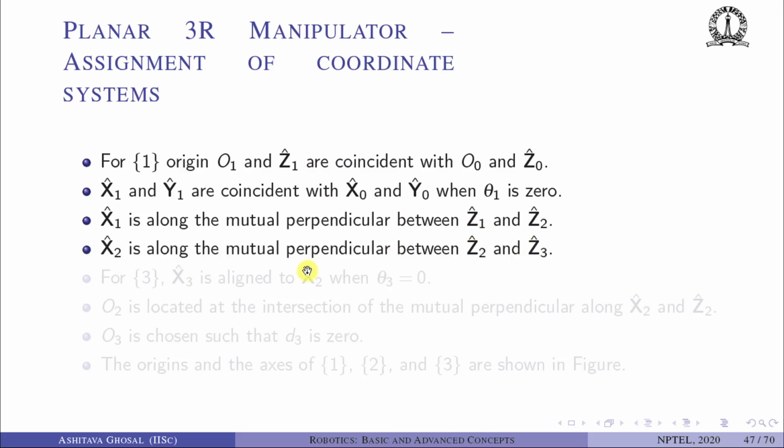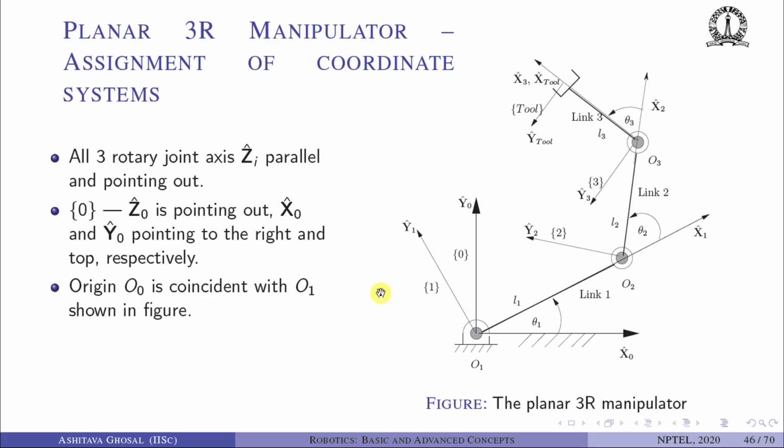Likewise, x2 is along the mutual perpendicular between z2 and z3. For the third coordinate system, which is also a special case, x3 is aligned to x2 when theta 3 is 0. As you can see here, x2 is this way, x3 is this way. The angle theta 3 is between x2 and x3. And when theta 3 is 0, x3 and x2 will be aligned to each other.